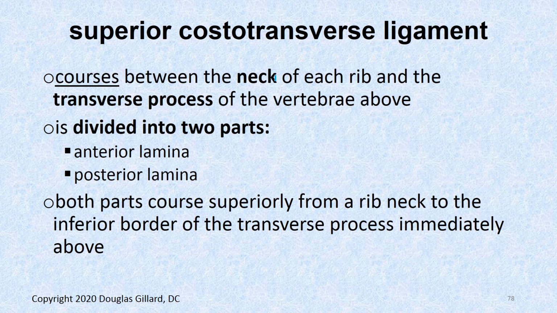Next one is the superior costotransverse ligament. This is a double. It has an anterior and posterior laminae. This courses between the neck of each rib. So it rises from the neck, and it inserts into the transverse process of the vertebra above. So both parts course superiorly from the rib's neck to the inferior border of the transverse process immediately above.